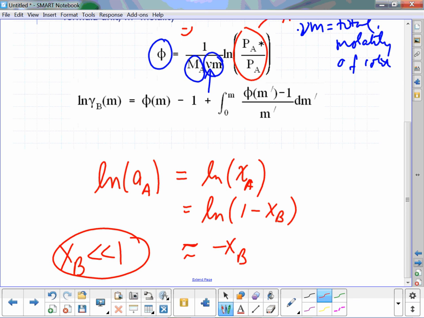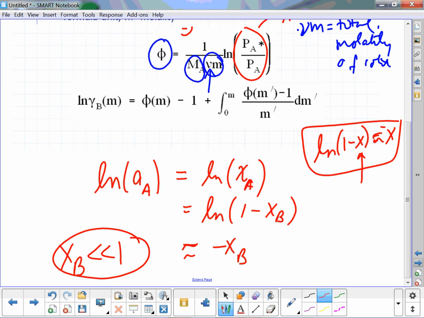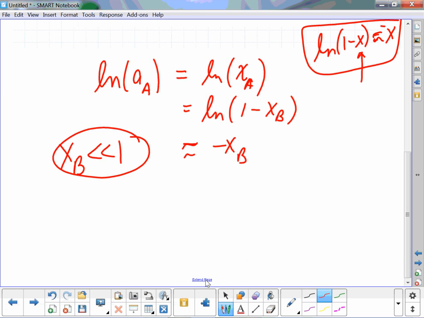This is a very common approximation we use. When you're dealing with very small x, ln of 1 minus x is approximately equal to negative x. So if that is the case, ln of the activity of A is approximately equal to negative xB, where xB is the mole fraction of B.